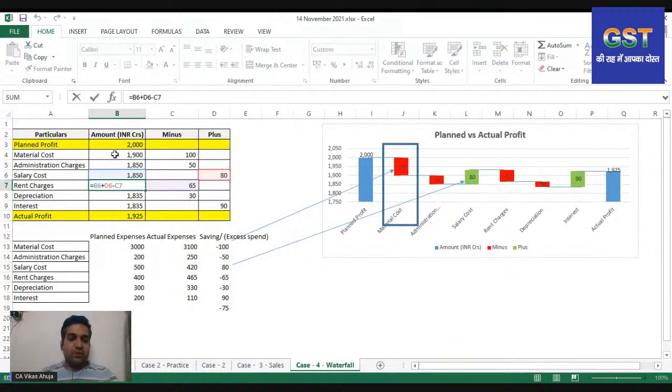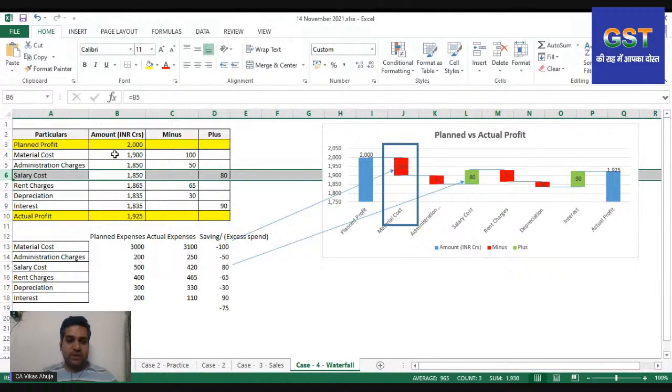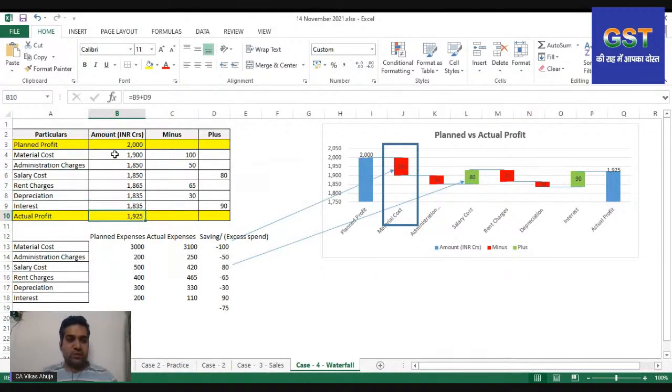When I do the next minus, I do the previous one plus the plus value, salary cost, minus the rent charges, and after that I minus as it is. So in case of plus, I have to skip that line once. Salary cost was plus, I had to skip it, and interest was plus, I had to skip it, so that my graph does not change. And then I add it in the following cell.